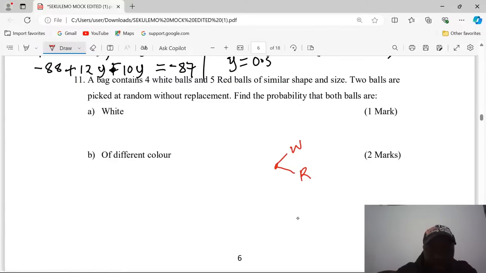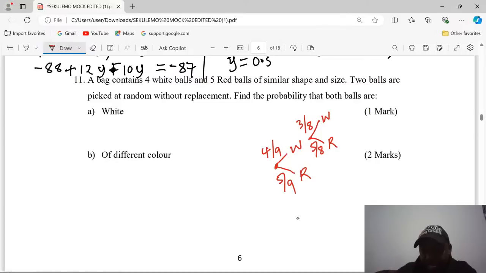Picking white because they are 4 and the total is 9, and picking red is 5 out of 9. Now, in the second picking, if we had picked white, picking white again, the probability, because there is no replacement, goes down to 3 out of 8. That means the probability of picking red now becomes 5 over 8.